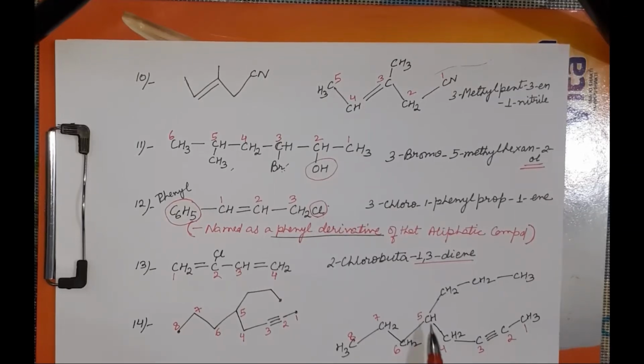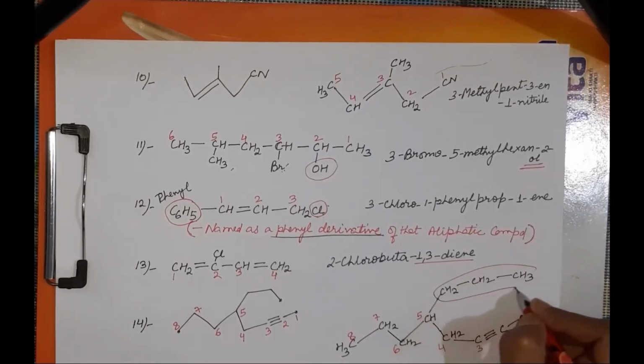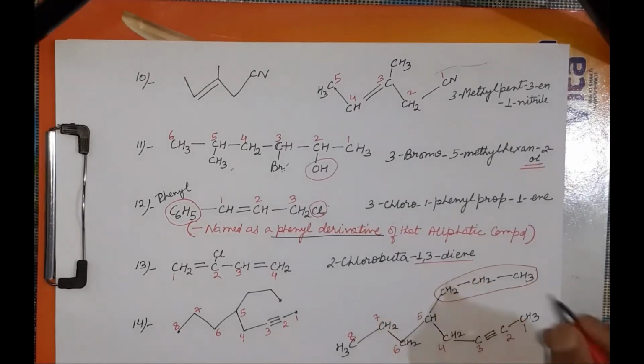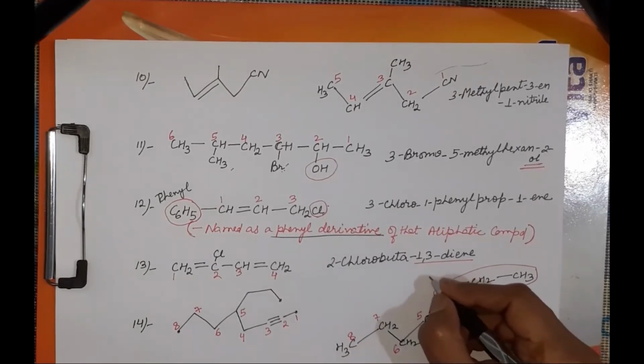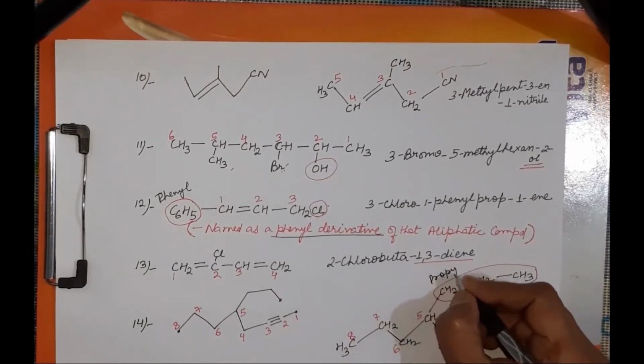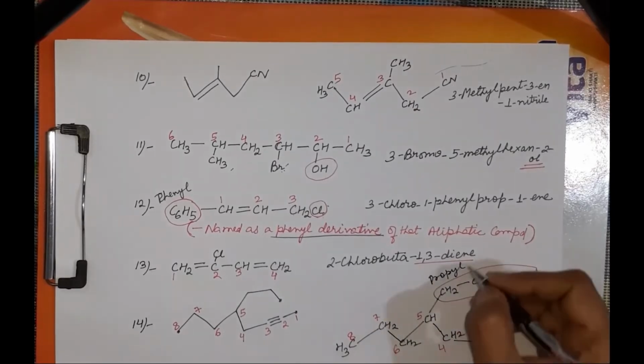Now it has become very simple. We can see this will be the substituent or the side chain, and because it is a 3 carbon atom side chain, the name will be propyl group.